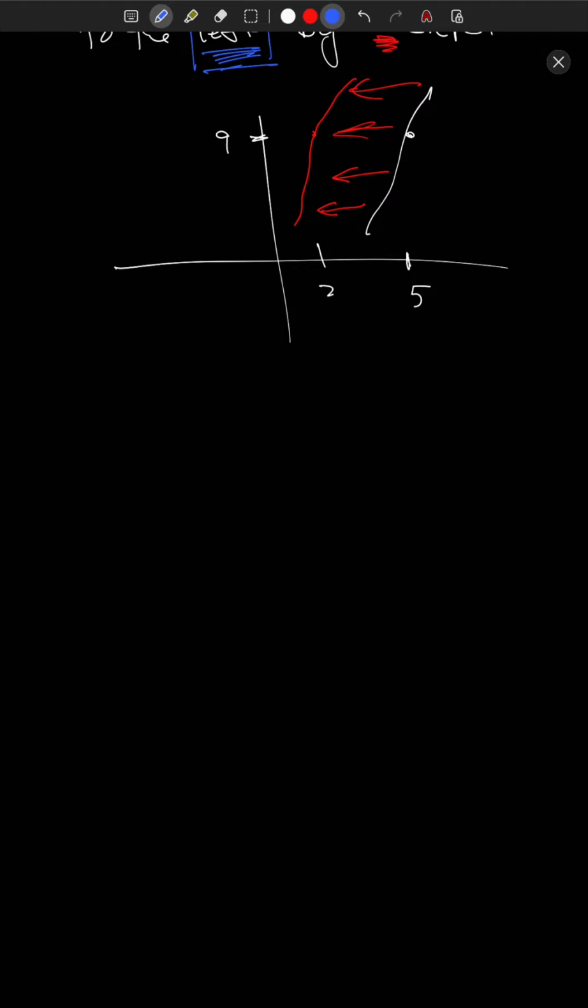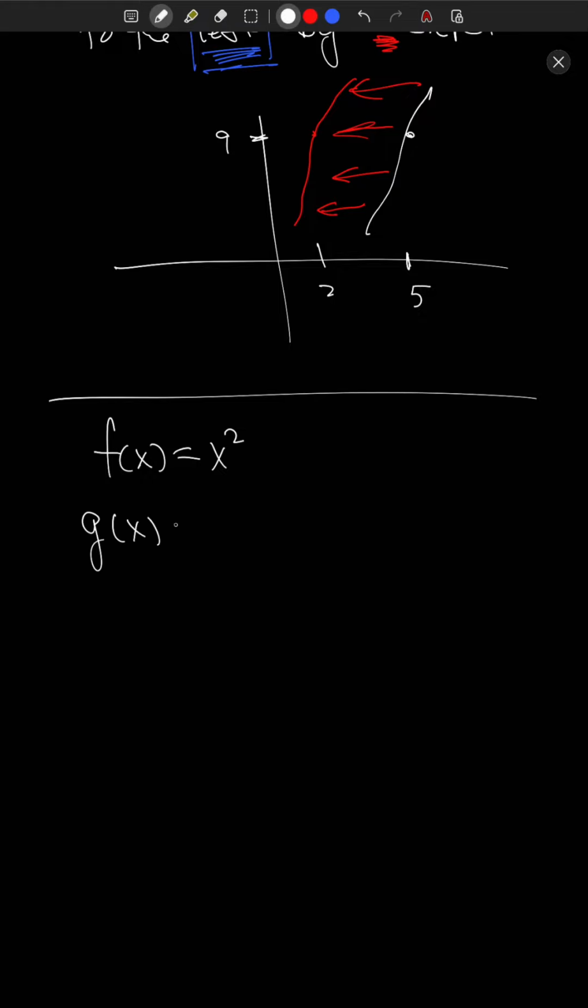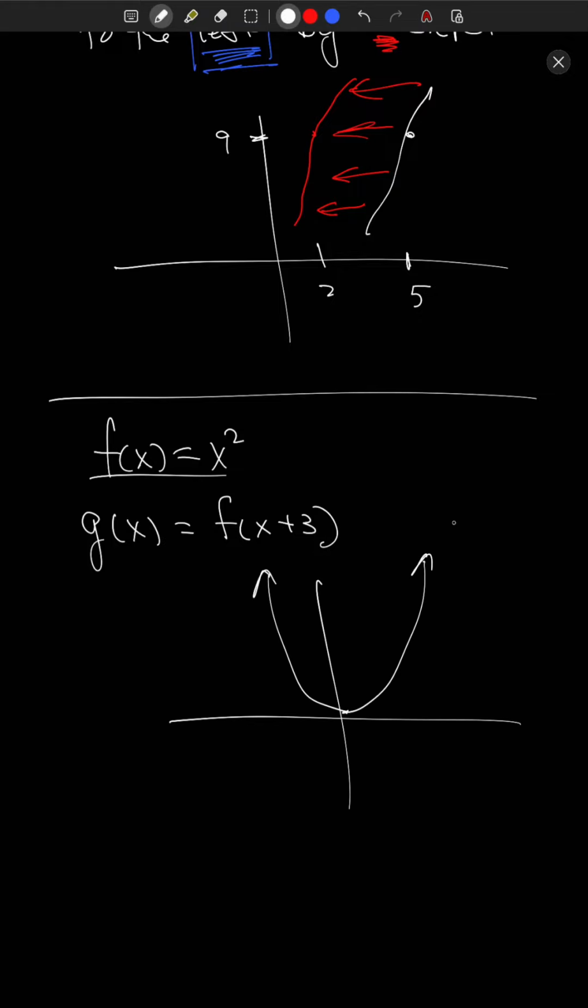Okay, so for the functions that we know, for example, let's look at f of x equals x squared. Then if I have g of x equal to, again, f of x plus 3, well, I know f of x is a parabola, like that. So this is the graph of f. Then the graph of g is going to be shifted over 3 steps.